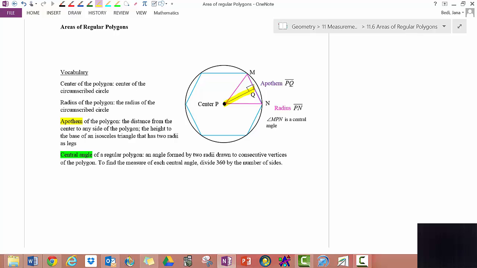So look at side PM and side PN. Side PM and side PN are radii, therefore they are congruent. So let me mark that. These are congruent. So triangle PMN is isosceles.